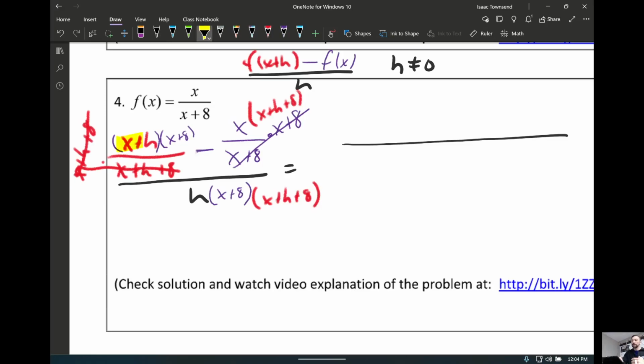But in the end, I'm left with this times this, so I'll go ahead and FOIL those. Over here, I'm left with negative x times this stuff, so I will distribute the negative x.